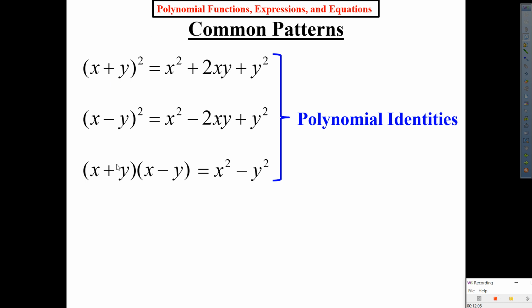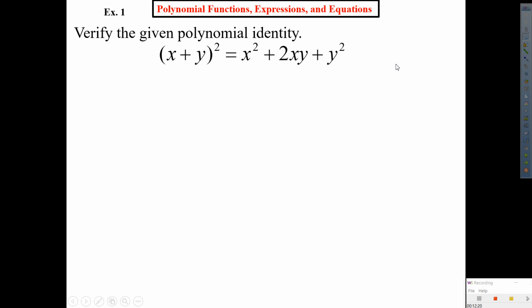Basically, I'm going to give you this to multiply, and it should give us this as an answer. Now, to prove that that's true, let's go to number one. Copy this. Example 1. Verify that this is equal to that. Copy that really quick. We have parentheses x plus y squared equals x squared plus 2xy plus y squared.